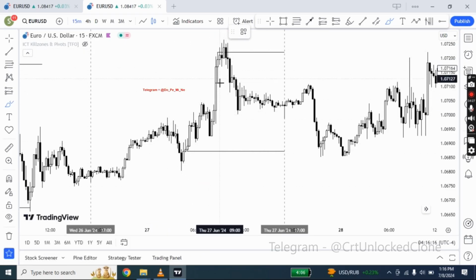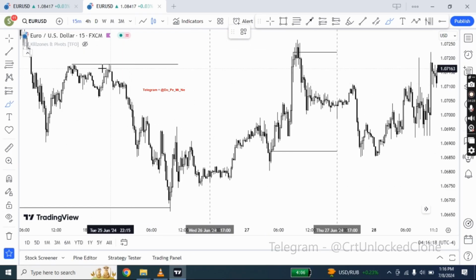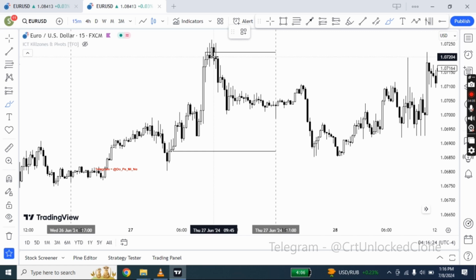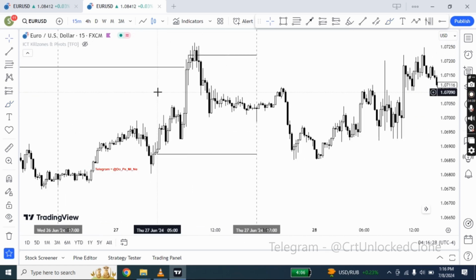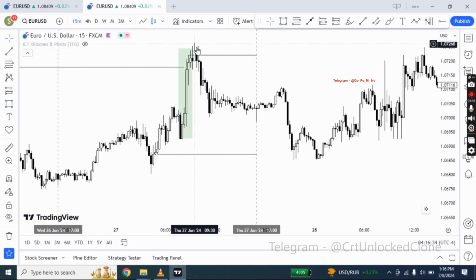And with this expansion profile right here, the last one, we tested a key level in the form of a 4-hour inside range high. Now based on market profile and the key level integration, the only possible outcome after price tests a key level with an expansion move is a reversal profile, right? So based on these factors, I expected a reversal.